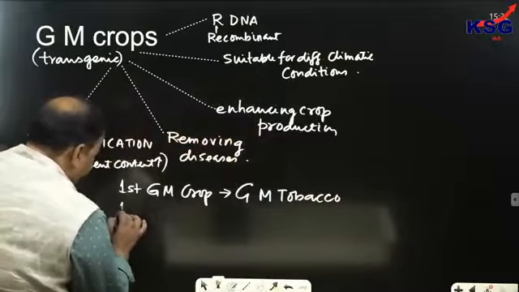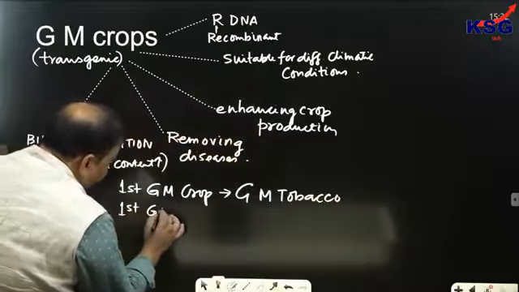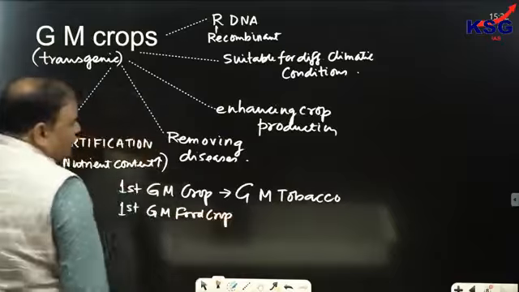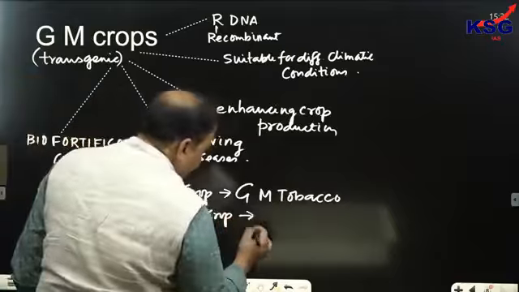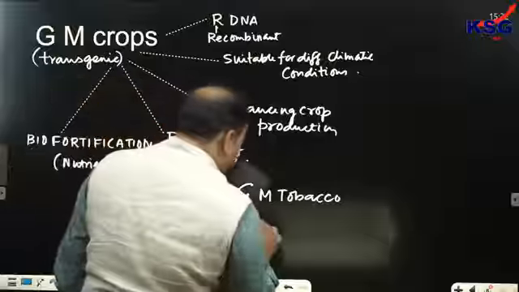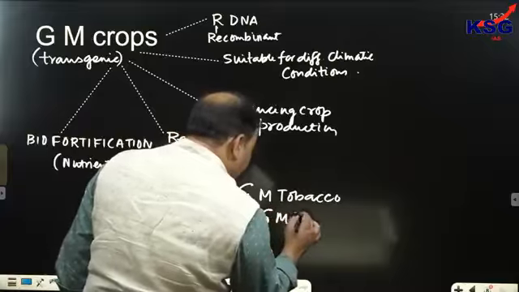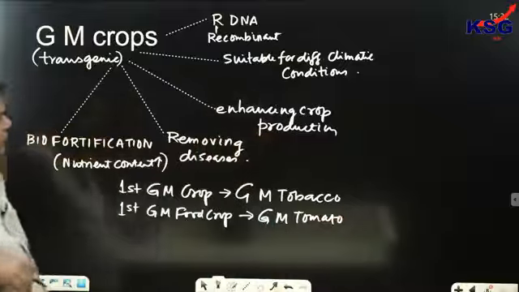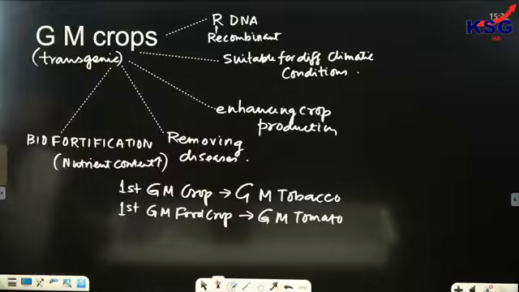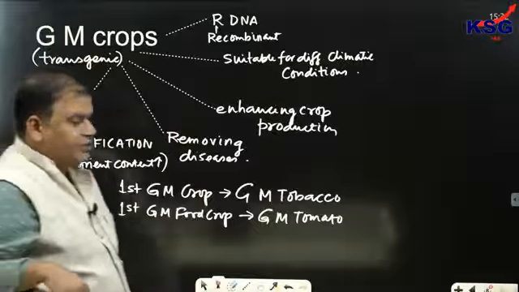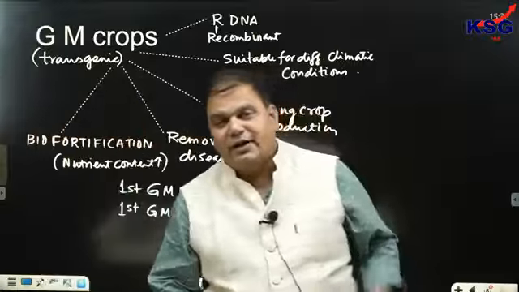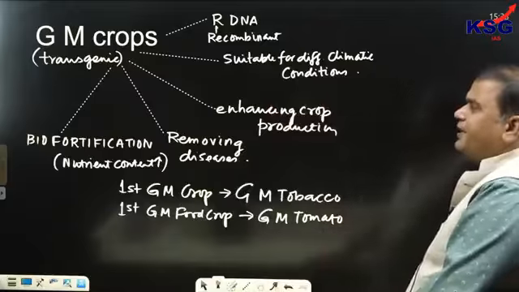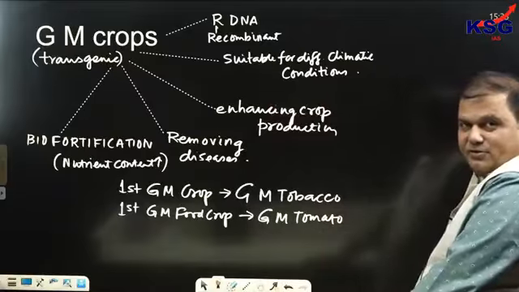But the first GM food crop to be cultivated was called GM tomato. So from tobacco to tomato. So that's the history. But we have many examples of GM crops.